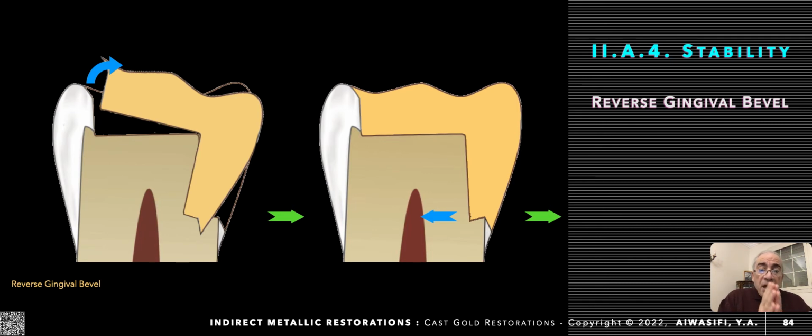What happens if we add this design to a class 2 for amalgam? Amalgam is a brittle material, so you will add an extra stress concentration by the line angle created at the center of the reverse gingival bevel.